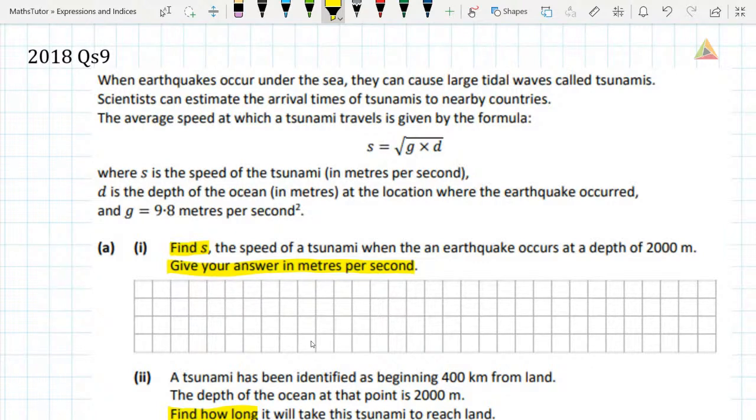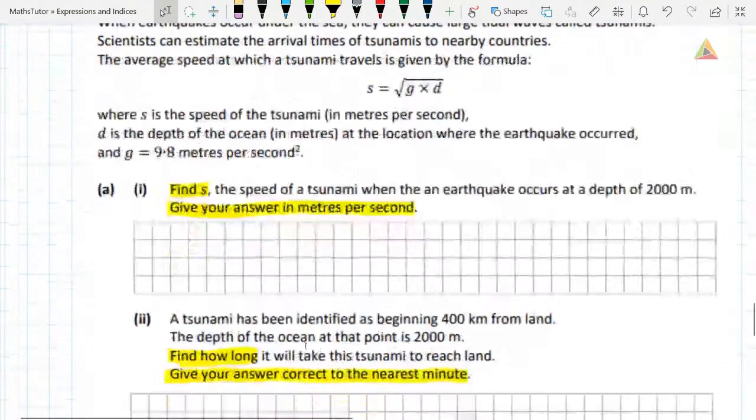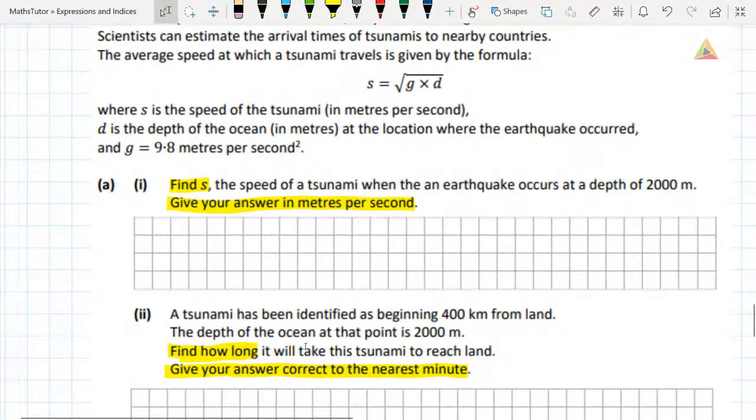So the first question says, find S, the speed of the tsunami, when the earthquake occurs at a depth of 2,000 meters. Give your answer in meters per second. So this is straightforward, and the reason is that this formula gives me the speed because it said S is the speed. So we just need to sub in.